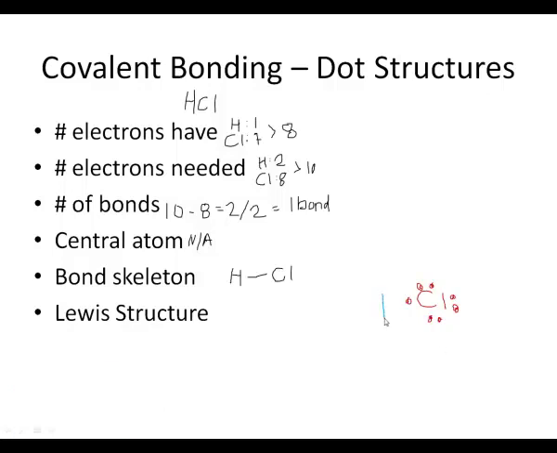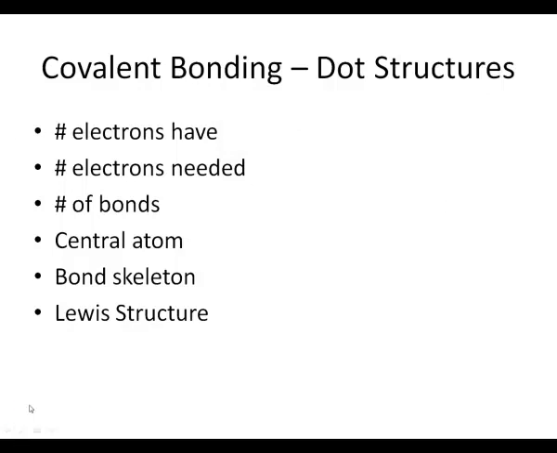And hydrogen only has 1 valence electron. So there you are. I didn't have to worry about where to put the electrons around hydrogen, top right, bottom left, because all I'm doing is taking those other atoms and using them to fill in any holes. And there was only 1 hole for chlorine. So now that I put all that together, I now have my Lewis dot structure for hydrochloric acid.